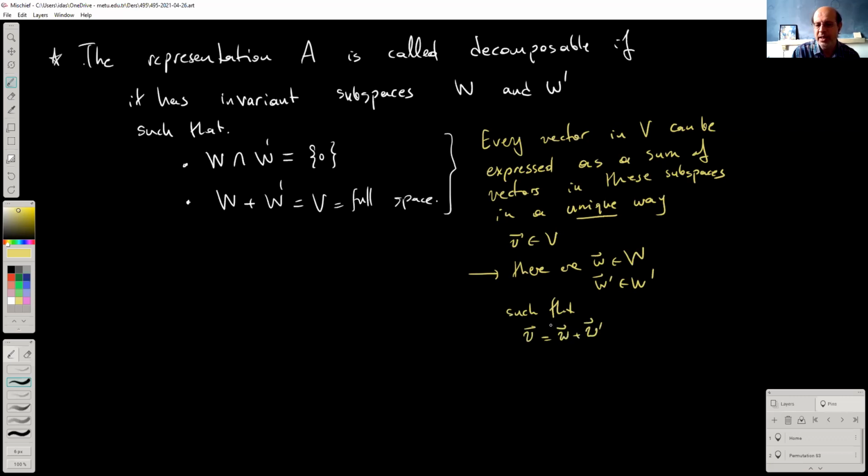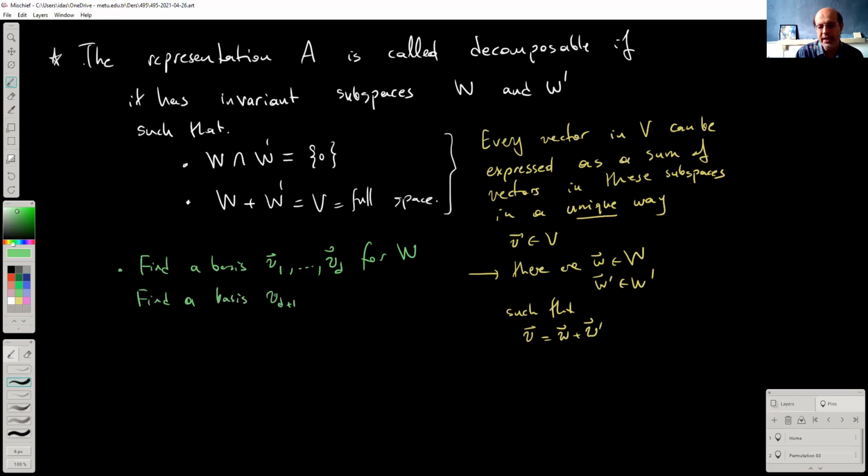In any case, what's the usefulness of this? Let me use this here. Find a basis v1 to vd for W, and then find a basis for the other subspace.